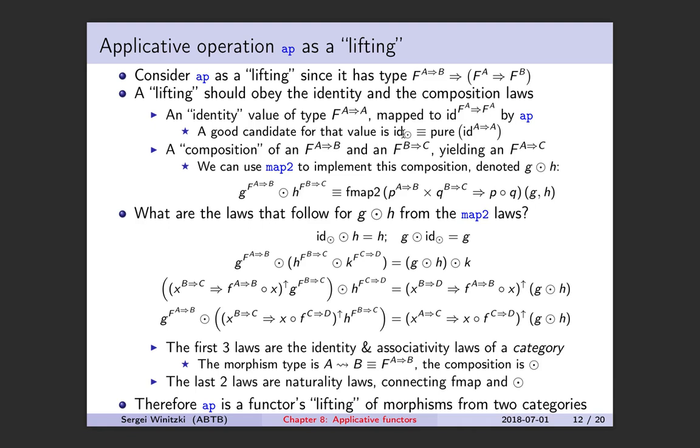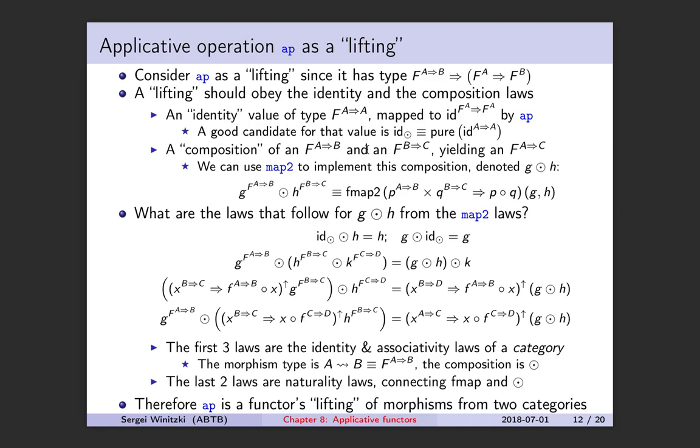Well, we have a pure method on an applicative functor, so we can easily create an identity transformation like this and put it into pure, and that would be a functor type value with empty effect, because we're using pure, and identity transformation. So that looks like a good candidate for a kind of value that should not transform anything. We will see that this is indeed the case.